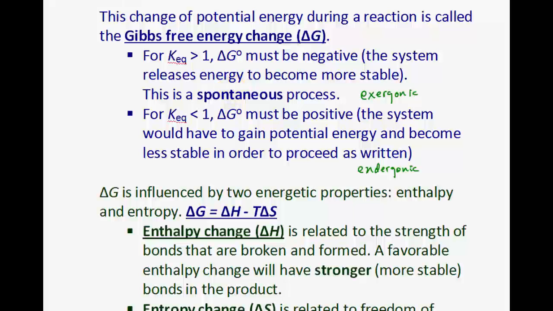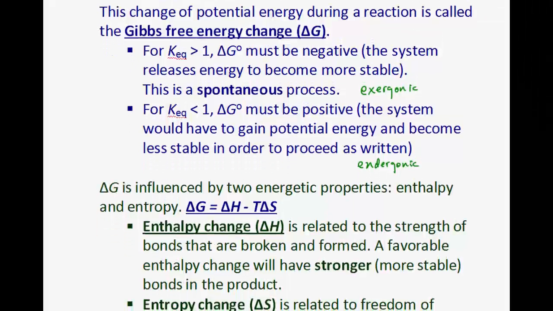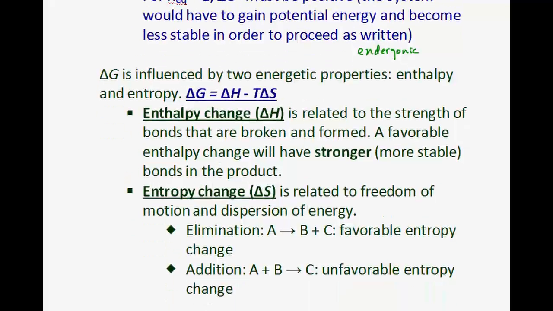So what is it that determines the free energy change? What is it that determines whether the products will be lower in potential energy or higher in potential energy than the reactants? Well, there are two energetic terms that influence delta G. You learned this equation in general chemistry.